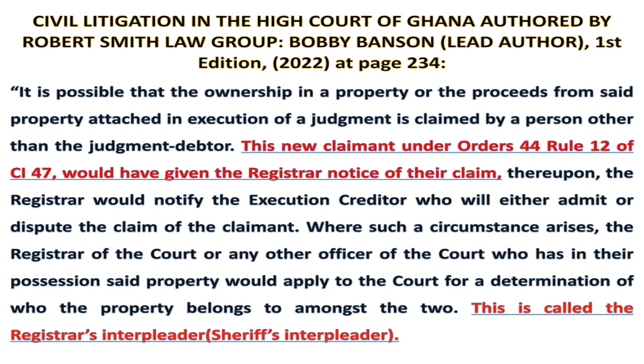Where such a circumstance arises, the registrar of the court or any other officer of the court who has in their possession the said property would apply to the court for a determination of who the property belongs to among the two. This is called the registrar's interpleader or the sheriff's interpleader." End of quote. What I want you to note over here is that it makes reference to this new claimant under Order 44 Rule 12.